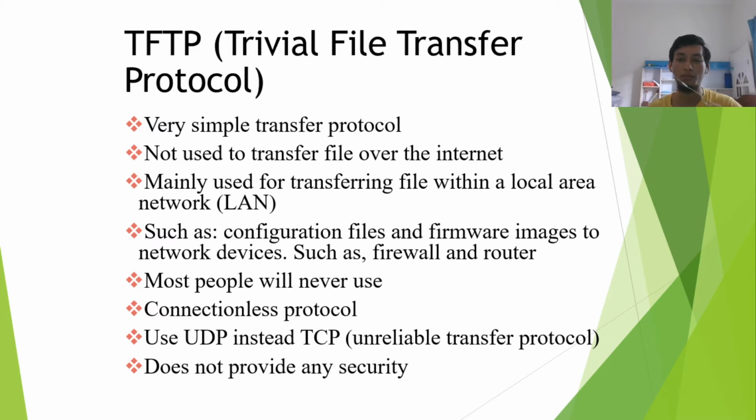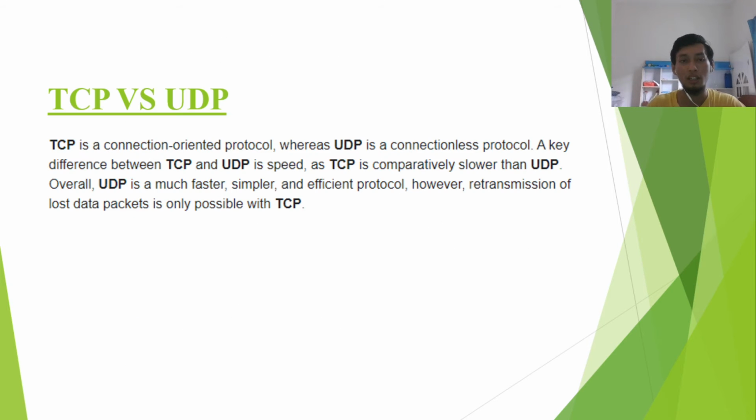And not many people want to share configuration files. It is a connectionless protocol, which means that it uses UDP instead of TCP. This means that TFTP is an unreliable transfer protocol, and it does not provide any security, unlike SFTP.